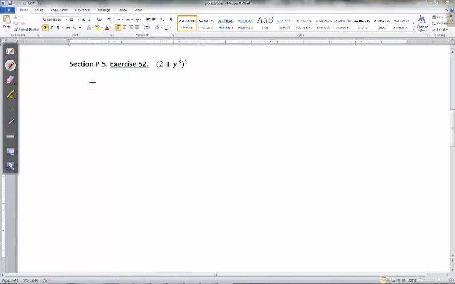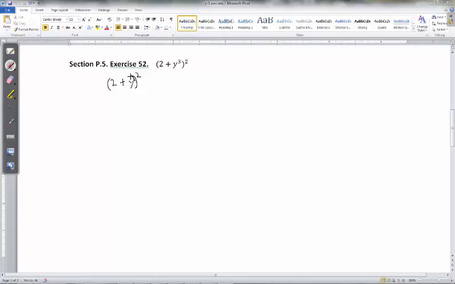Now we have exercise 52, where we have (2 plus y cubed) squared. Now this is not remarkably different from the previous problem. I just wanted to point out a common error my students make so that you might avoid it.